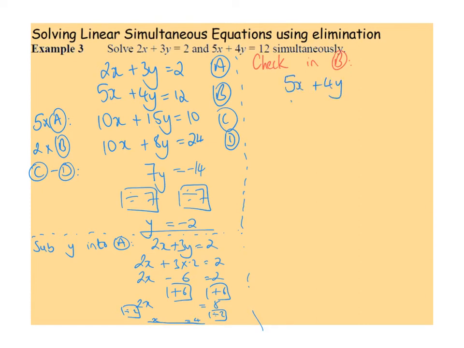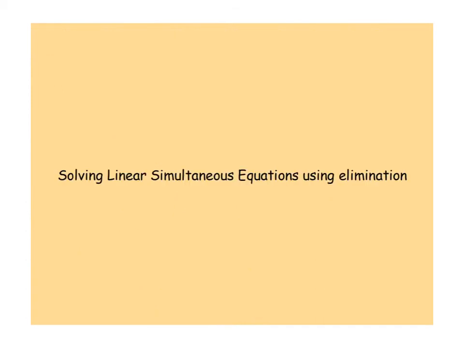So we've got 5 multiplied by 4, add 4 multiplied by negative 2, which is 20, add negative 8, which is 12, and 12 is exactly what I'm supposed to get. So I know that my two answers, negative 2 and 4, are correct. So x equals 4, y equals negative 2 are my solutions to this pair of simultaneous equations.